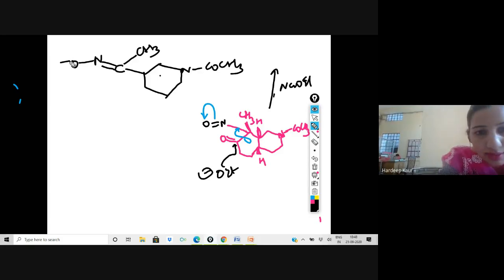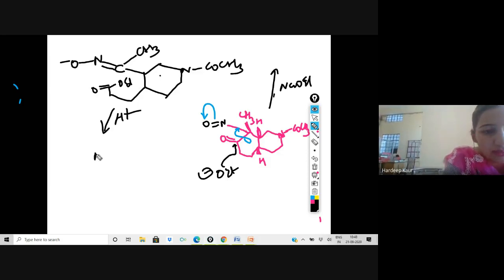Its valency is over, and on the second side we have CH2, CH2. Here we have C double bond O and O ethyl. So this will then take a proton and convert it into oxime. So this is the mechanism for the formation of oxime.